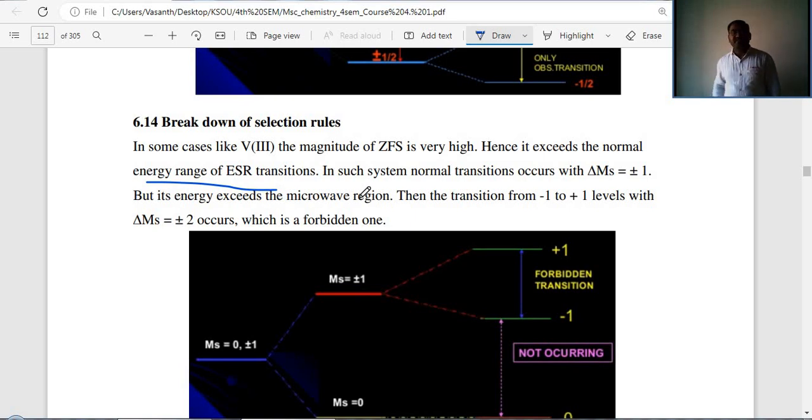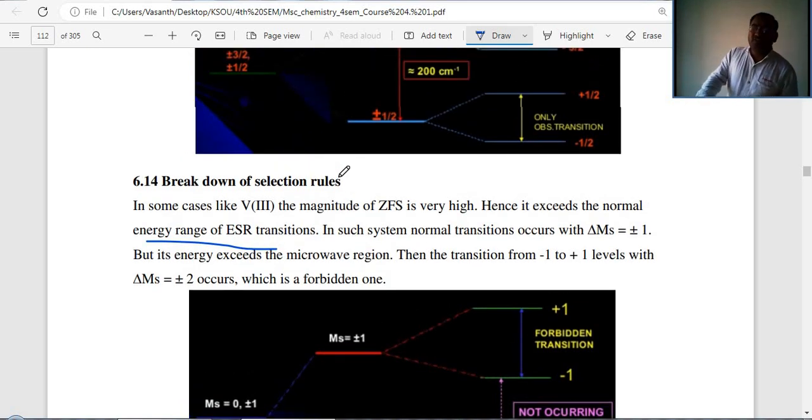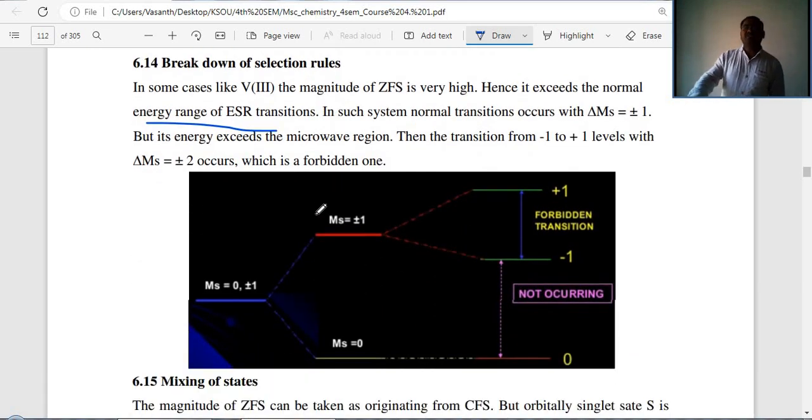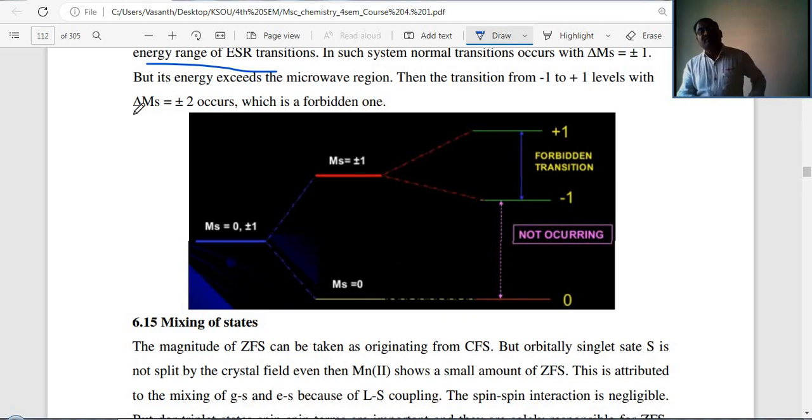In such systems, the normal transition occurs with delta Ms equal to plus or minus 1, but this energy exceeds the microwave region. Then the transition from minus 1 to plus 1 levels with delta Ms equal to plus or minus 2 occurs, which is a forbidden one.